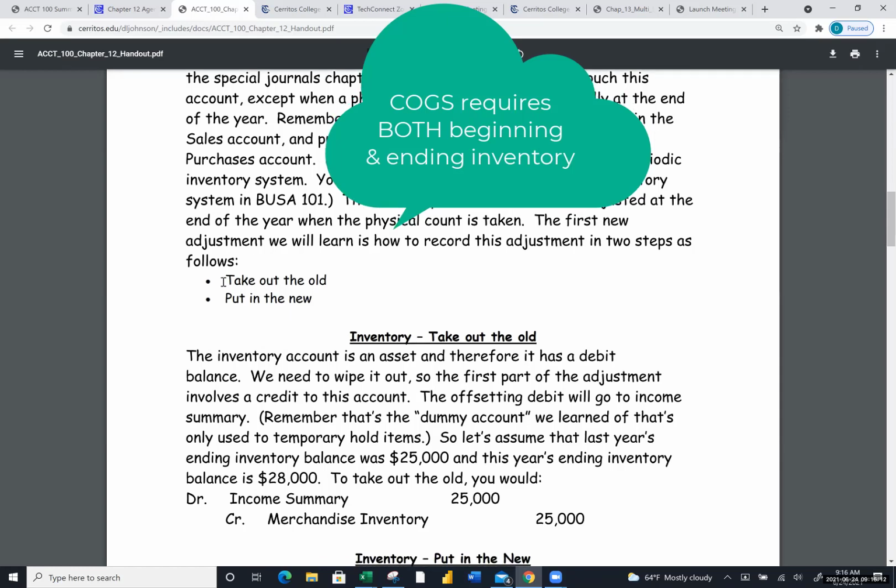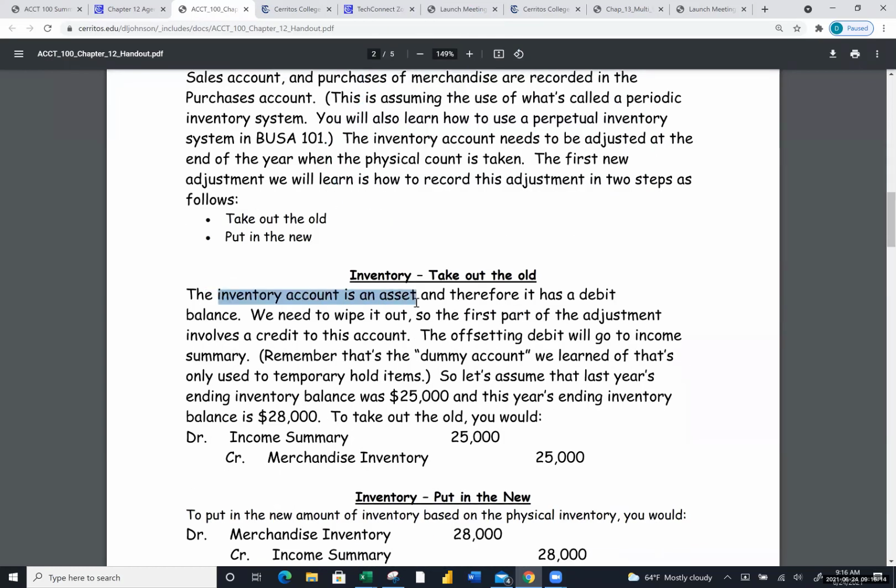If you think about it, we already know that inventory is an asset, and we know that we didn't touch it during the year. So we're going to take a look at a T account. Since the inventory has a debit balance, we're going to wipe it out, and the way you wipe out something that has a debit balance is to credit it. And remember that old account called income summary?